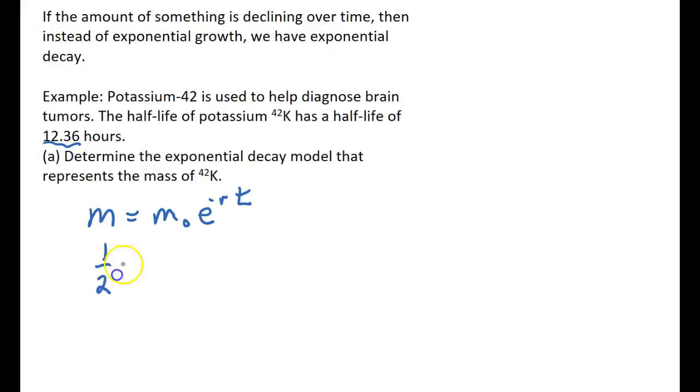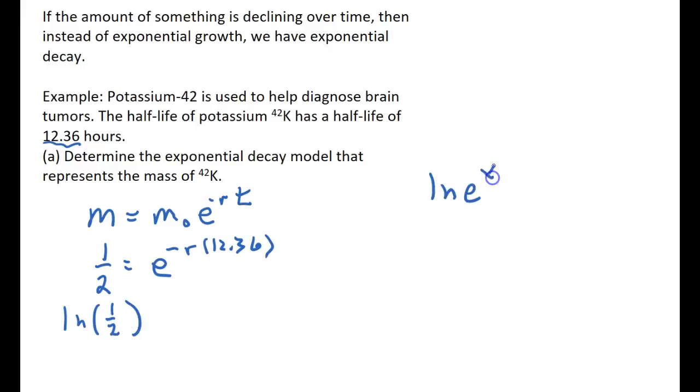So 1/2 equals e to the negative r times 12.36. Now I'm going to take the log of both sides, and I'm going to use natural logs, because remember, the natural log of e to the x is x. So if I take the natural log of this whole thing over here, I get negative 12.36 r.